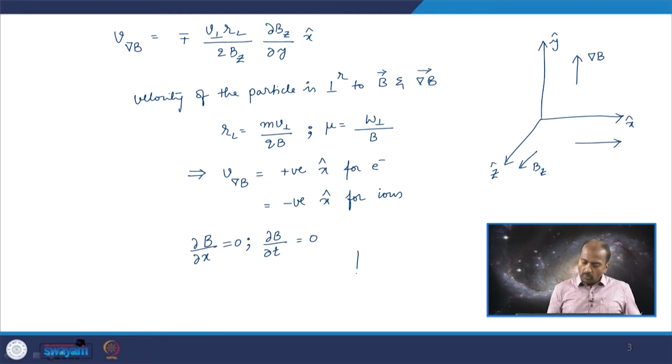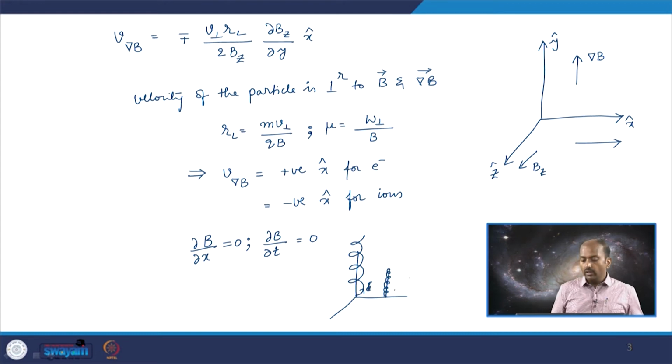We have seen that both the particles will gyrate along the same direction, but they will gyrate in opposite direction, in the sense the circular motion was in the opposite direction. So this is for the ions, and this is for the electrons.